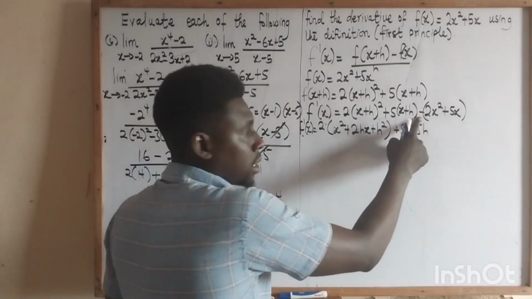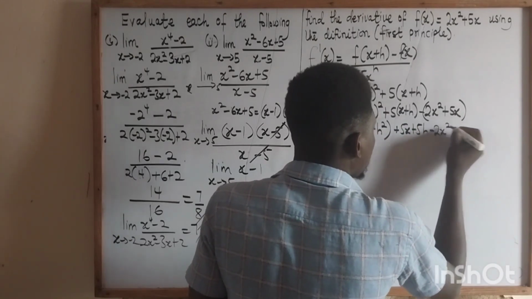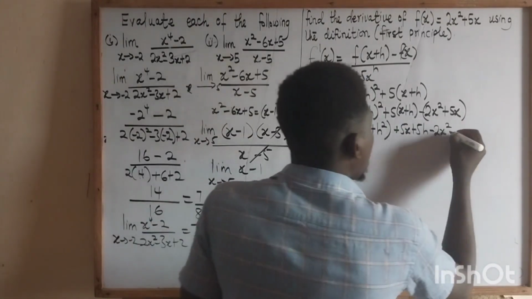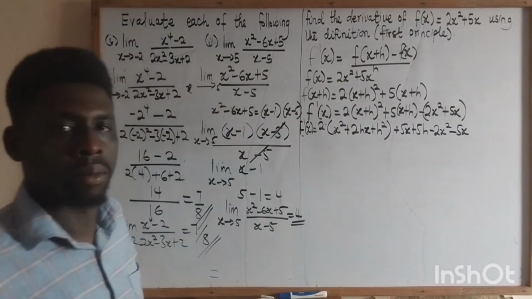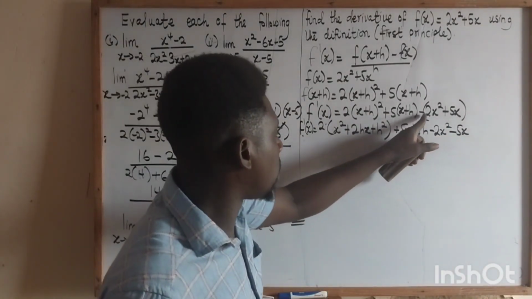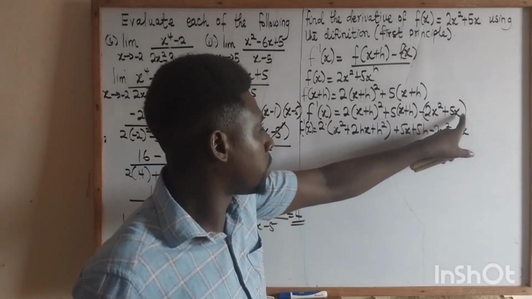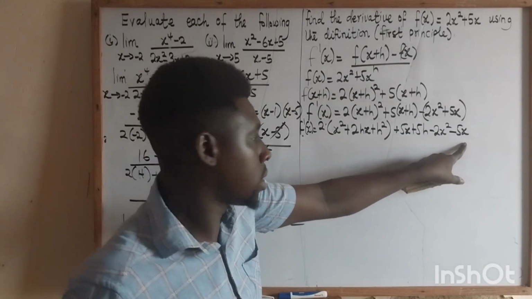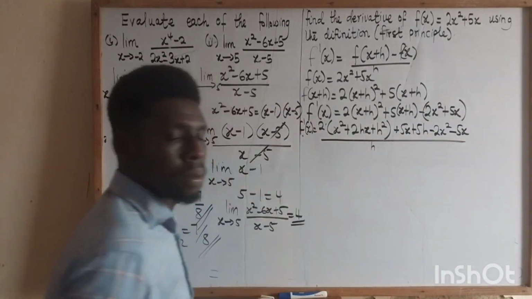This is minus, so minus 1 times 2x squared. You have to be careful about your operation. Minus 1 times 5x, because negative 1 times 2x squared is negative 2x squared, and negative 1 times positive 5x gives us negative 5x. All of this is over h.